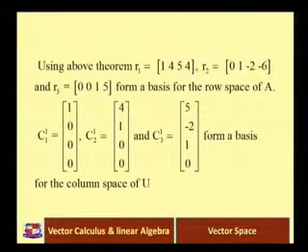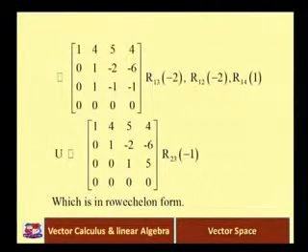And now, which 3 column vectors have a leading entry? The first 3 columns. You can see the first column has a leading entry 1, the second column has a leading entry 1 and the third column has a leading entry 1.